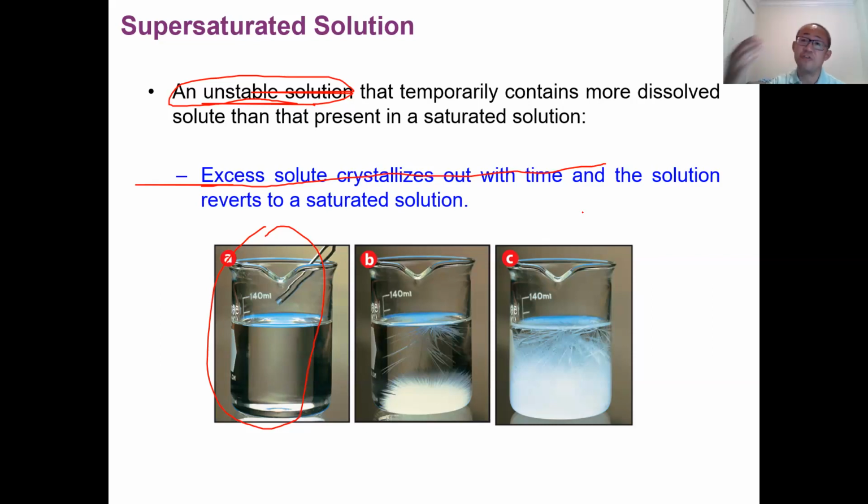And the solution will revert back to saturated. The solute will pop out real quick. And the solution now goes back to what? A saturated solution. Okay, supersaturation is one unstable stage, just to point it out.